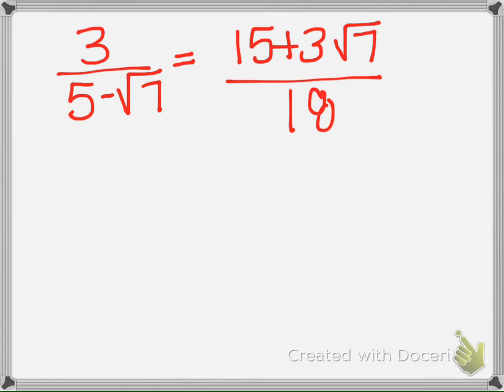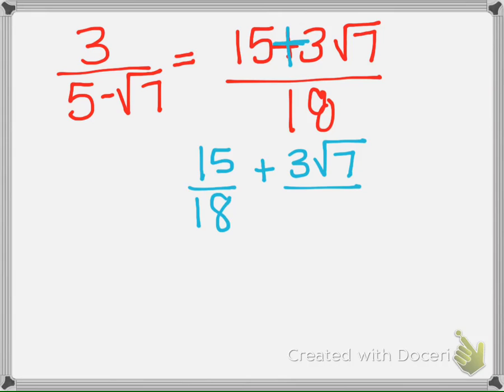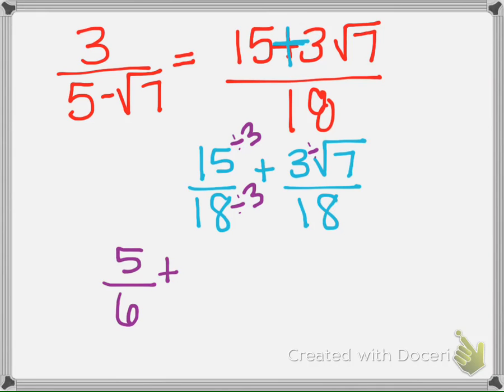So if we want to simplify this, because it has this plus sign, we can separate this as 15/18. And then we have that. And now we can divide this by 3. And we could divide this also by 3.